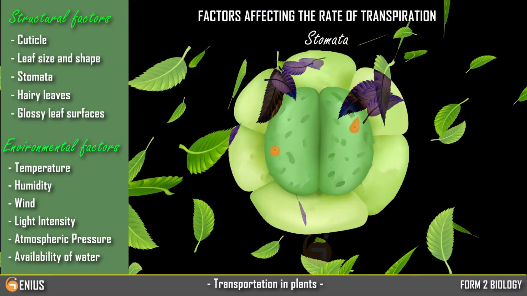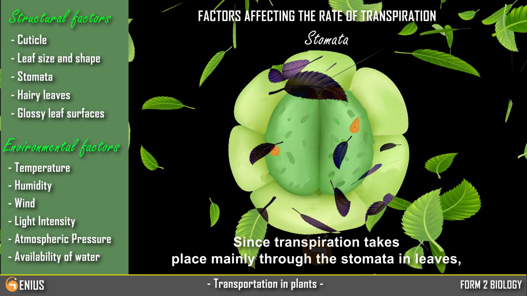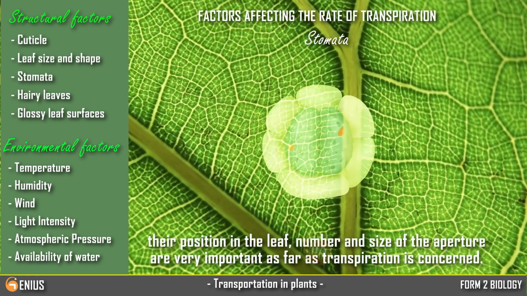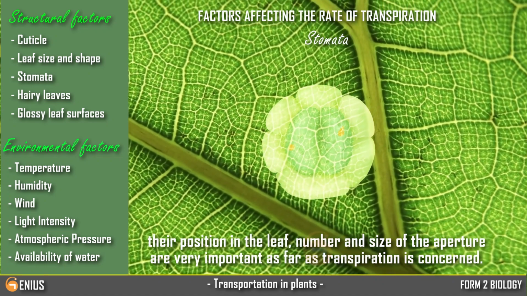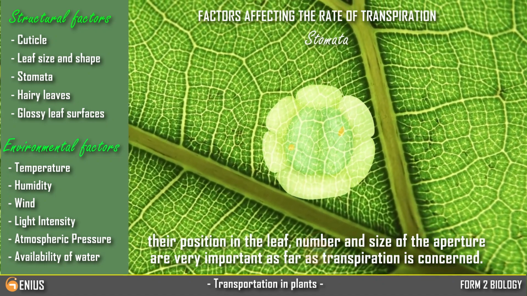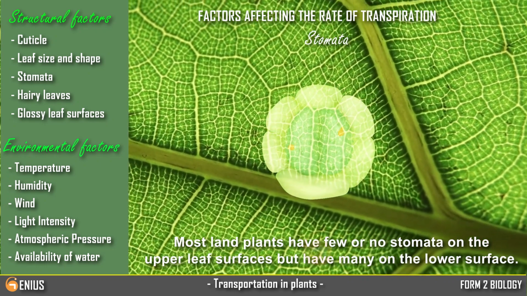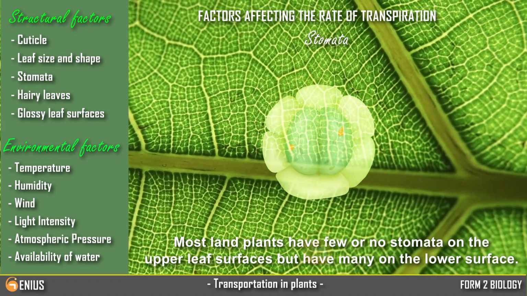Stomata. Since transpiration takes place mainly through the stomata in leaves, their position in the leaf, number and size of the aperture are very important as far as transpiration is concerned. Most land plants have few or no stomata on the upper leaf surfaces, but have many on the lower surface.